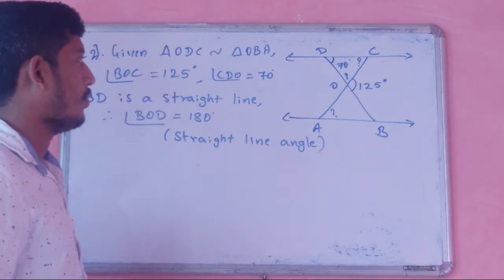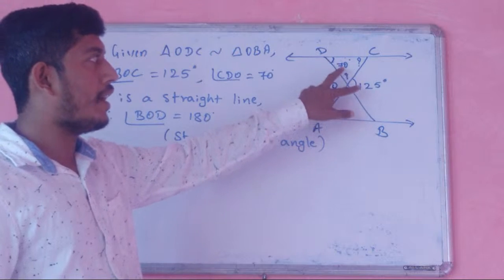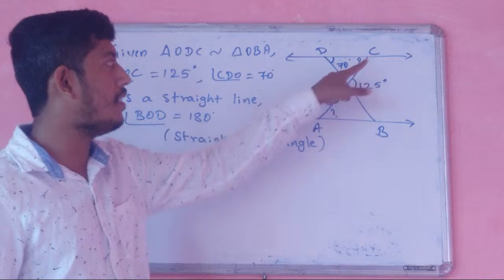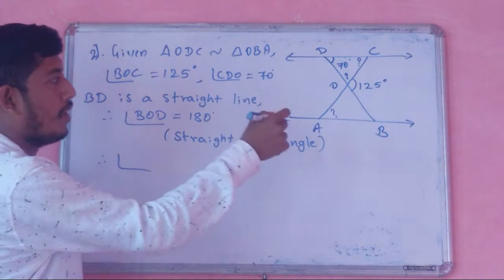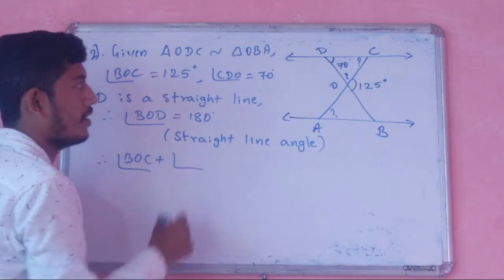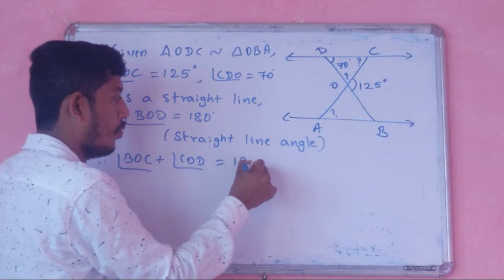The next one, angle BOD is divided into two angles. One is angle BOC, another one is angle COD. Therefore, angle BOD can be written as angle BOC plus angle COD equals 180 degrees.